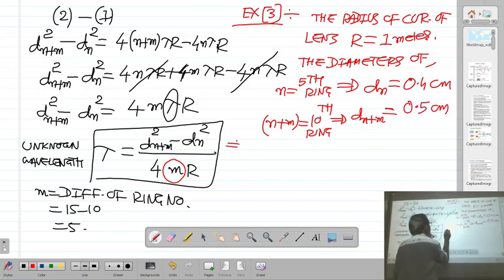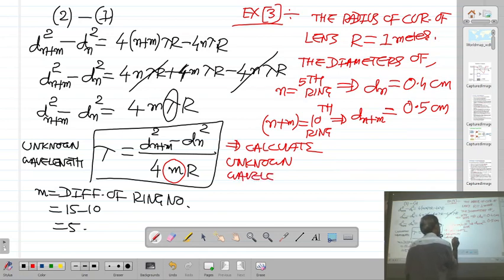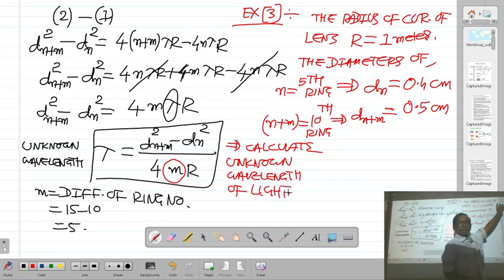Okay. So calculate the unknown wavelength of light. What are you asked? You are given the radius of curvature of the convex lens, r, is 1 meter.